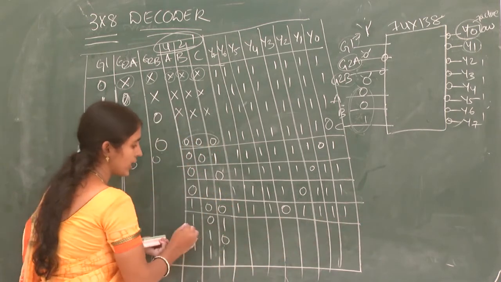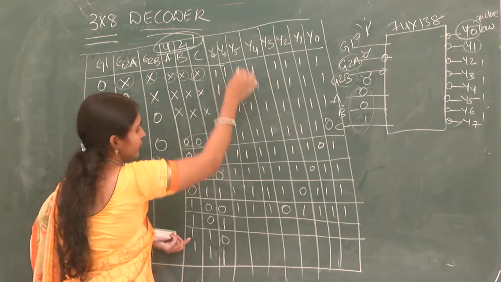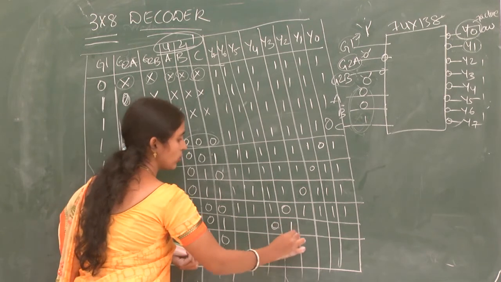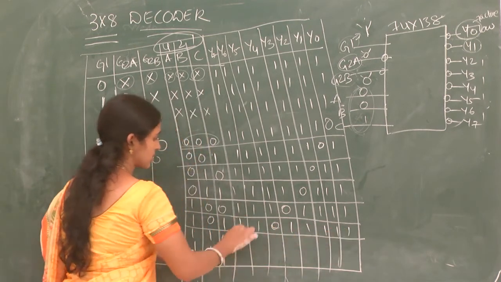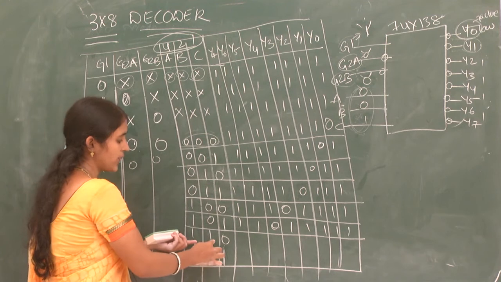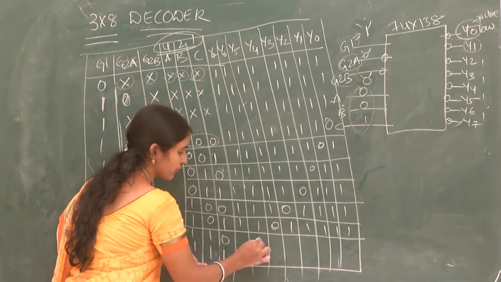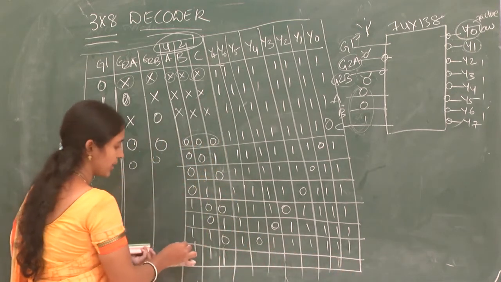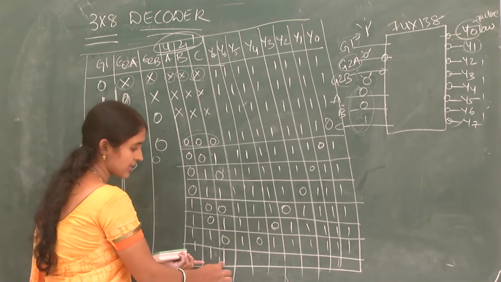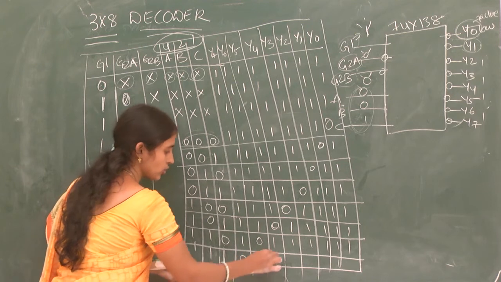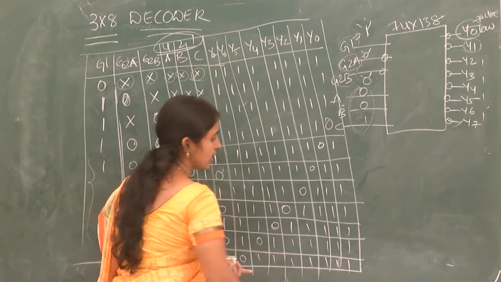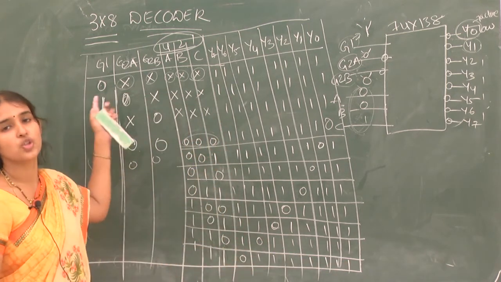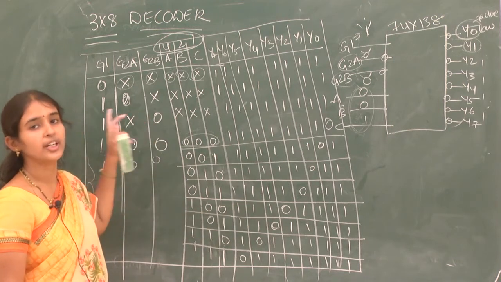Here it is 4 plus 1, which is 5, so only Y5 gives the output and all other output pins are 1s. 4 plus 2 is 6, so only Y6 will be active low and all other pins are active high. And 4 plus 3 is 7, so only Y7 will be 0 and the remaining pins are 1s. So this is your truth table of the 3-to-8 decoder.